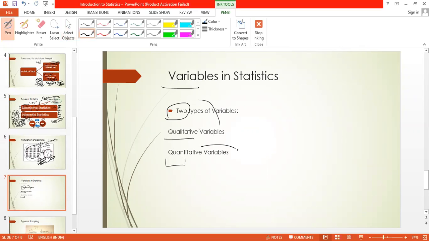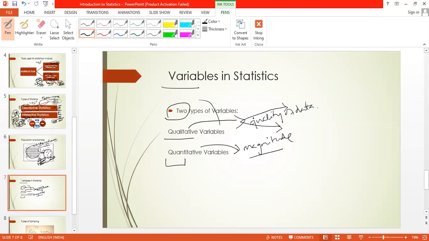Quantitative is showing some magnitude of the data, and qualitative means it's showing the quality of the data. Again, you'll be able to understand all these things when I take one example and explain to you. So you'll be able to understand all these things clearly.